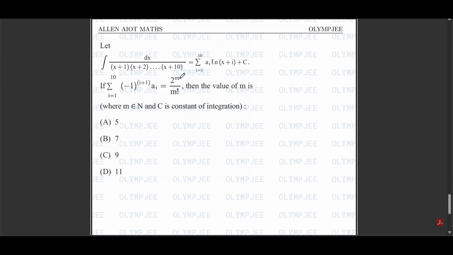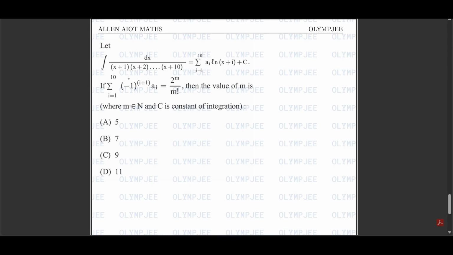So the next question is a bit tricky. Let the integration of dx divided by x plus 1 multiplied by x plus 2 multiplied by x plus 3 so on till x plus 10 is equal to summation of i from 1 to 10 a of i ln x plus i plus c. Okay, so this is the result of this integration, and ai is the coefficient of this ln x plus i, right?